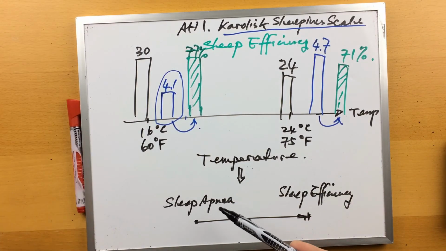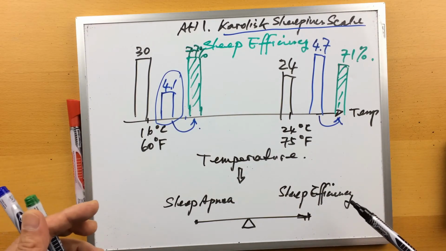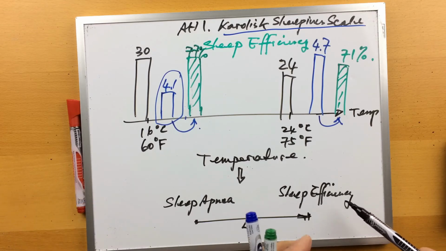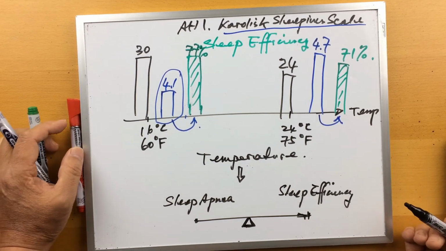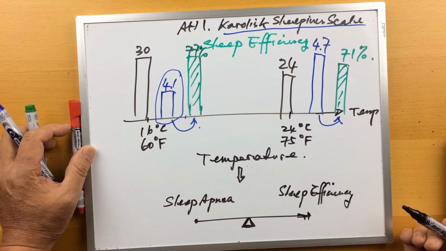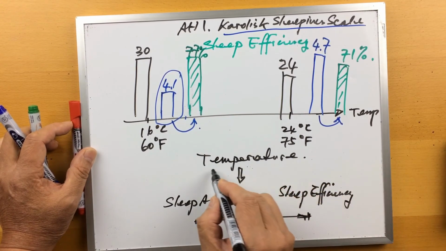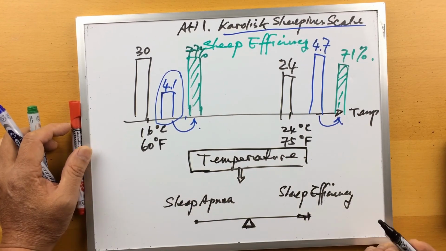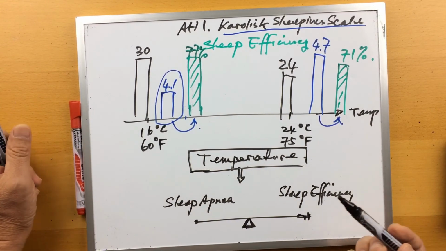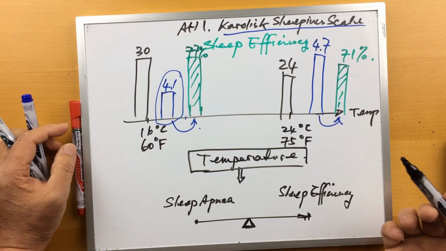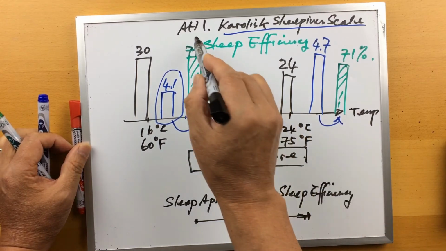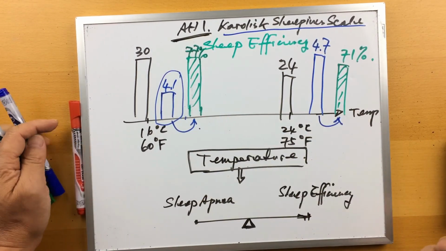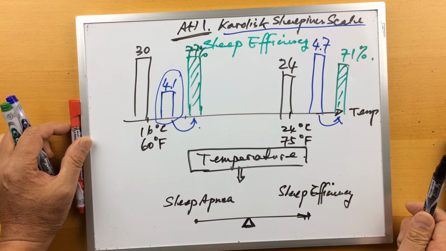With the lower temperature, you have a higher sleep apnea, but you also have a higher sleep efficiency. Then this balance is individual. So you really have to set your room temperature to the one that is best for you, whether you measure it through your morning sleepiness scale, or you measure it with the AHI, the severity of the sleep apnea.